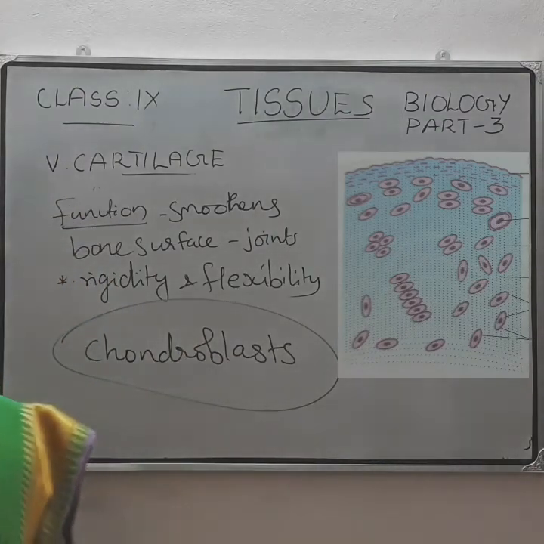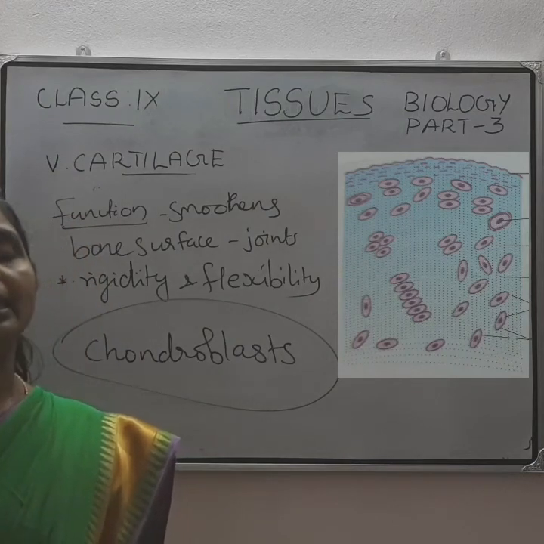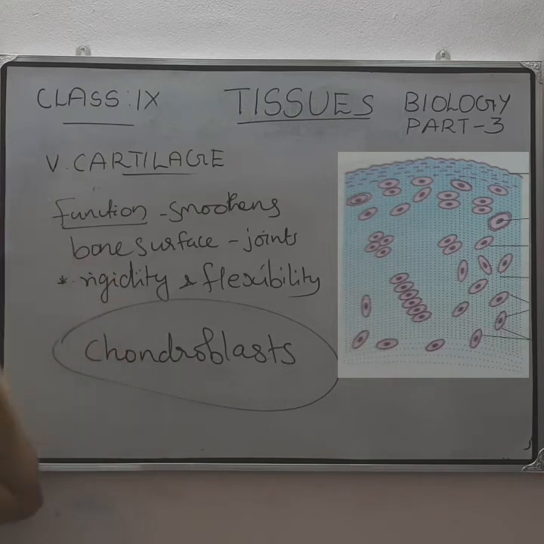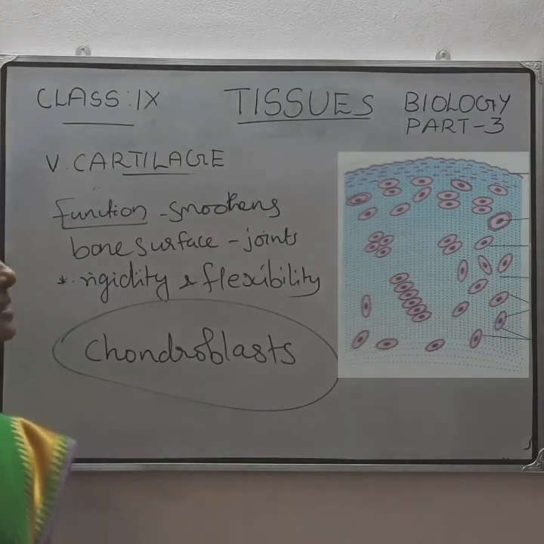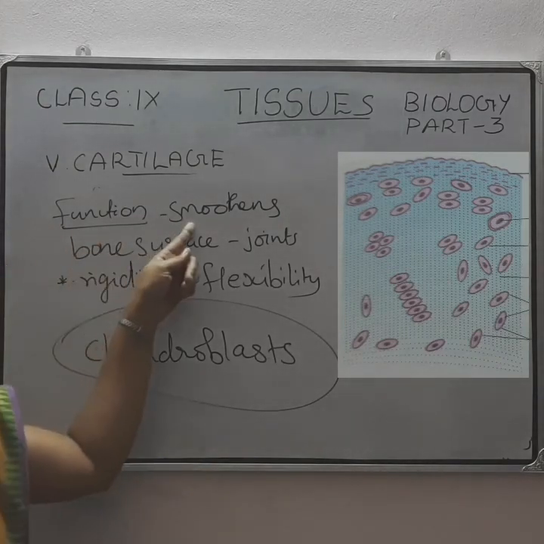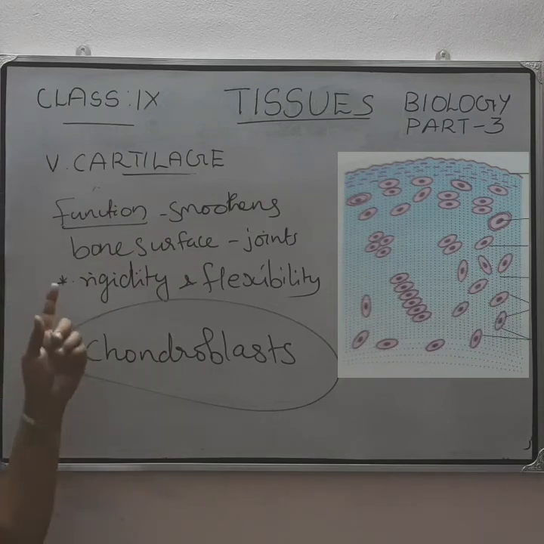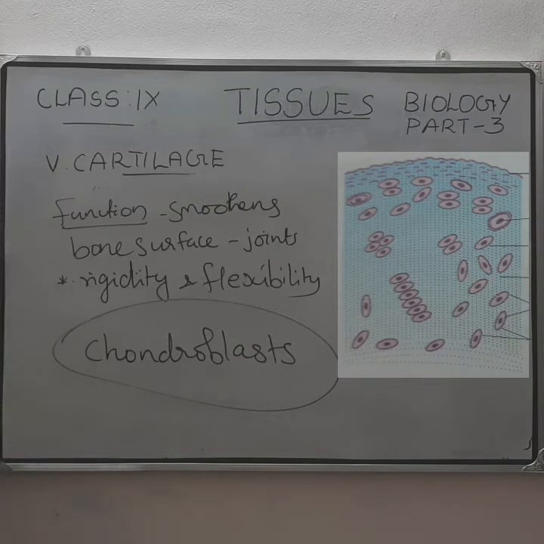The matrix in the cartilaginous tissue is very solid in nature, and that matrix consists of proteins and sugars. These cartilaginous tissues are present in the ear pinna, the tip of our nose, trachea and larynx. And what is its function? One function is that it smoothens the bone surface, especially at joints, and it also provides rigidity and flexibility to these regions. And the cells of the cartilaginous tissues are called chondroblasts.